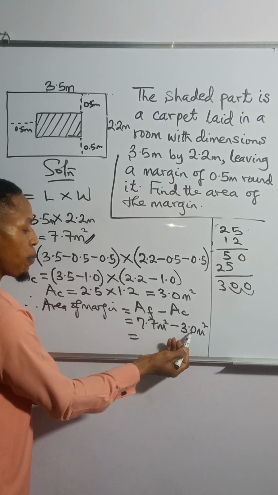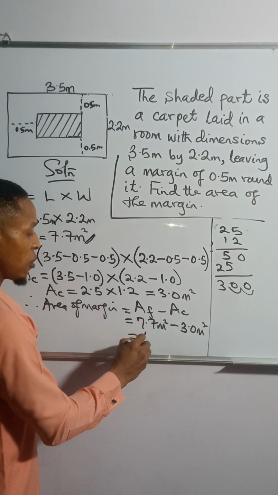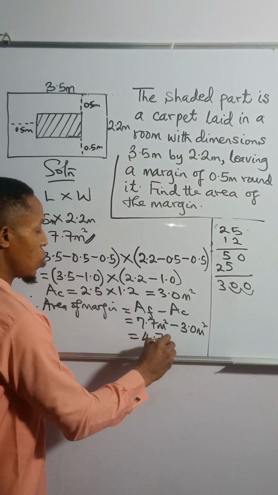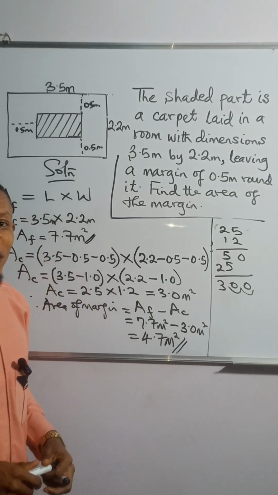So when we subtract 3.0 from 7.7, the area of the margin becomes 4.7 meters squared. And that is what we are required to find.